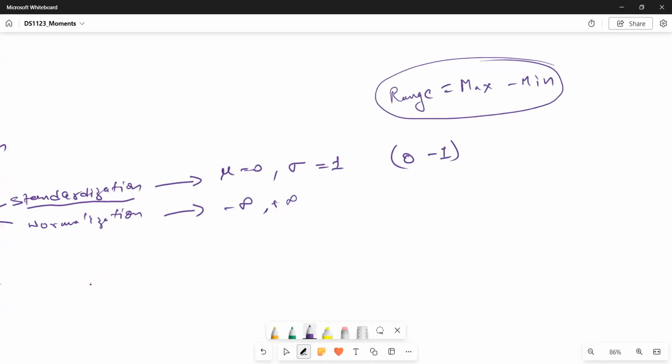After applying normalization, it will be scaled in the range of negative to positive infinity. So standardization is basically from -1 to +1. As I've already informed, this negative sign only tells you about direction.